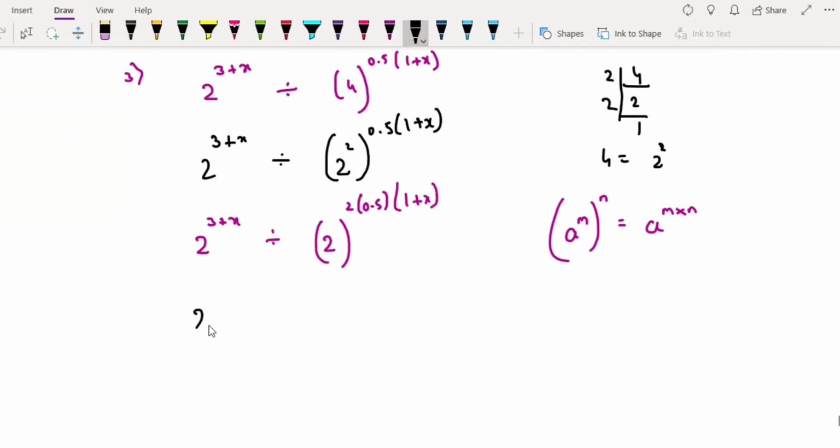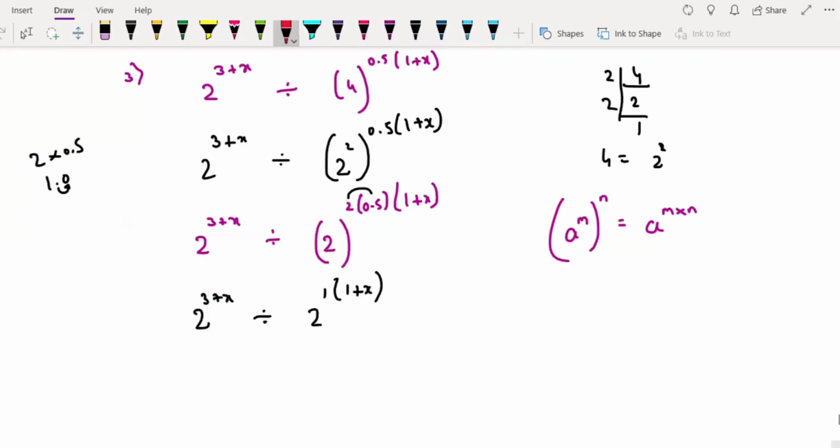Okay, so 2 to the power of 3 plus x divided by 2 to the power of. So 2 into 0.5 value is going to be how much? 1. Okay, 2 into 0.5 is 1.0. After the decimal the value is 0, it has no value, so we have written just 1. And of 1 plus x as it is.